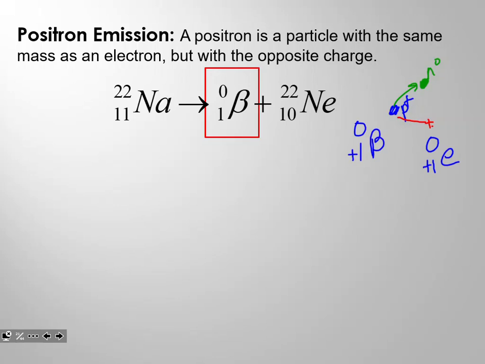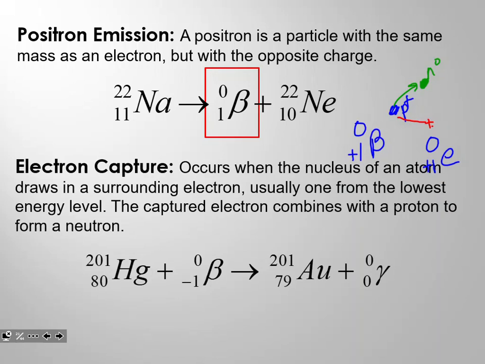Now, positron emission also occurs more often in the lower elements, the smaller elements, whereas electron capture occurs in elements that are a little bit higher up in terms of their protons to neutrons. This is the only time where you're going to actually see the particle on the left-hand side, with the parent atom, and that is when you have electron capture.